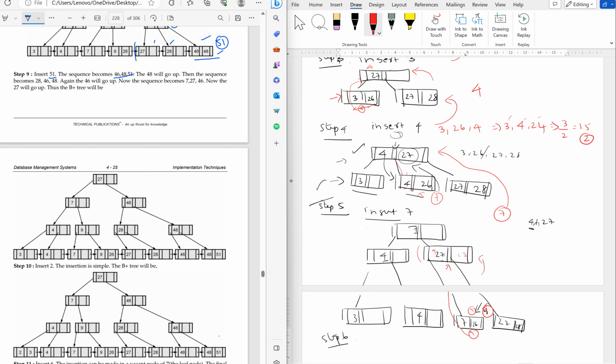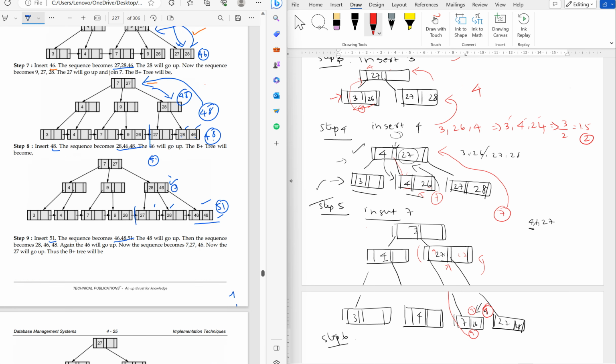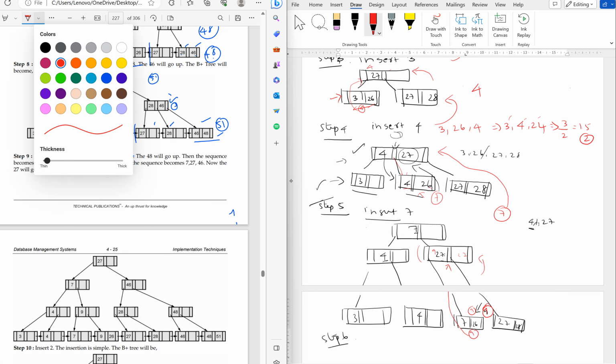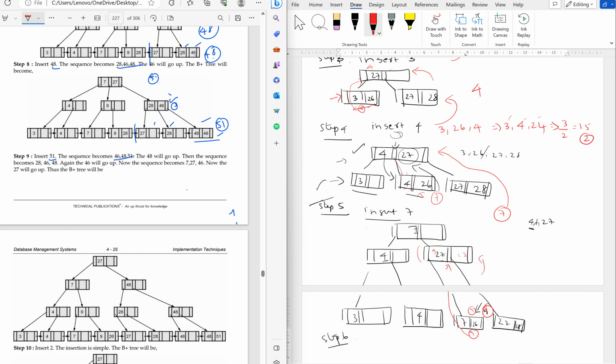So what did we do here again? So finally, what happens is, after inserting this 51, this structure just changes.